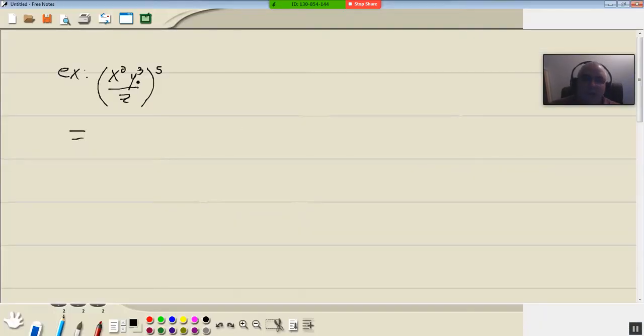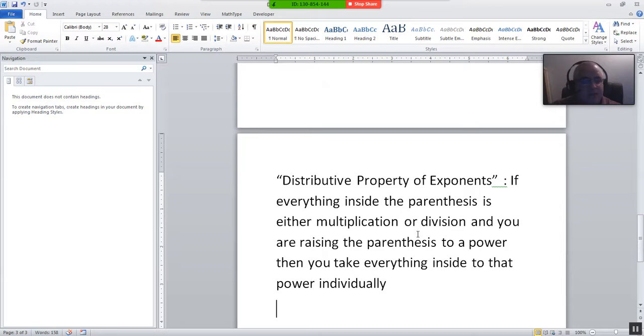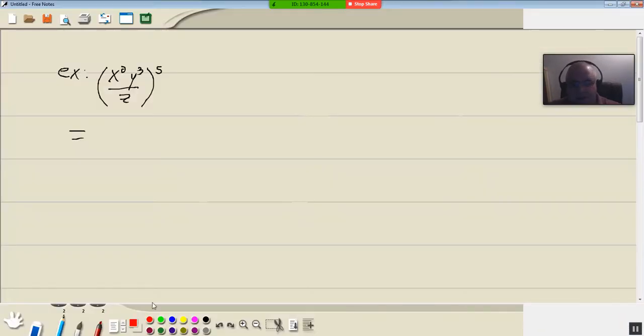Now we got x squared times y to the third divided by z. Everything is multiplication or division. And you're raising parentheses to a power, then you can take everything inside of that power individually. Well, we're raising everything to the fifth power, so I can take the x squared to the fifth power, the y to the third to the fifth power, and the z to the fifth power.